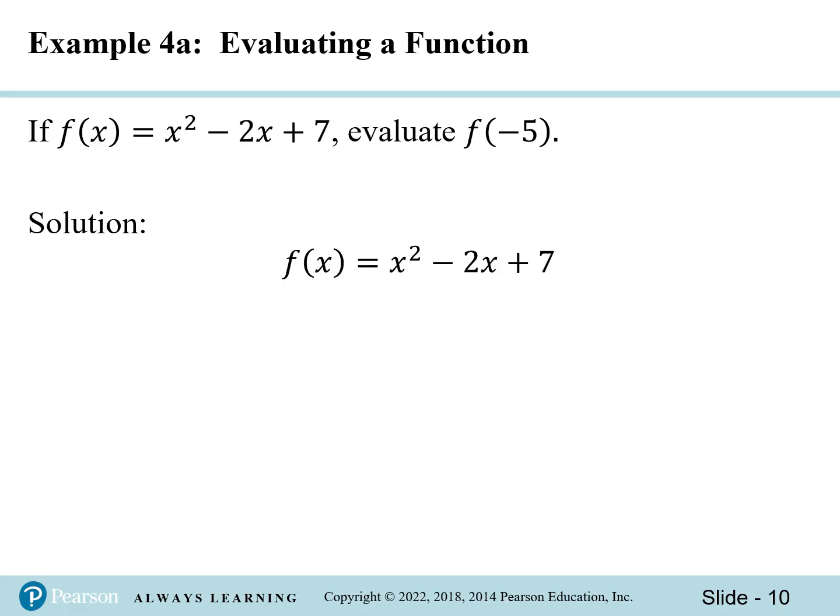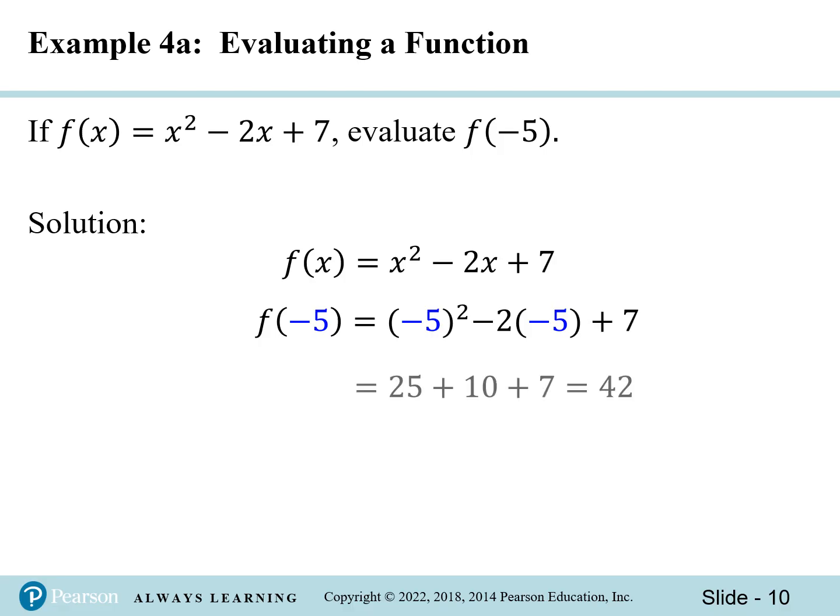But when you're substituting in, make sure you use parentheses when you substitute a negative value in. Otherwise, it will evaluate incorrectly. So when I evaluate this, I will have 25 plus 10 plus 7, which is 42. Therefore, f of negative 5 equals 42.